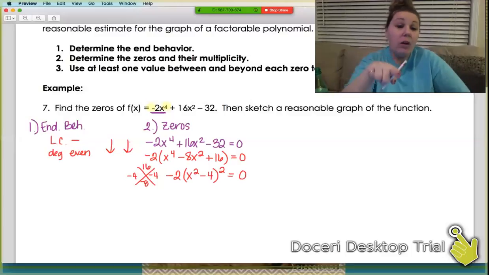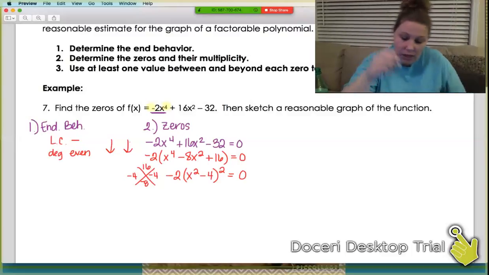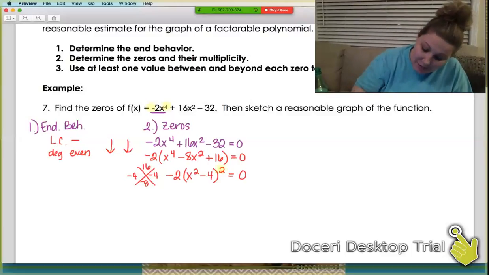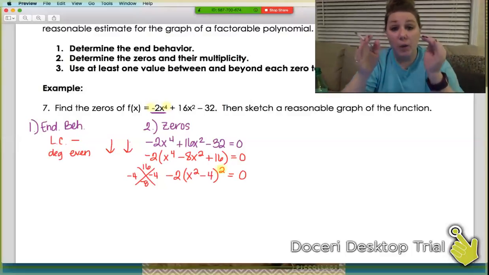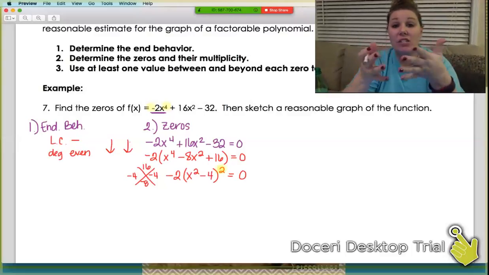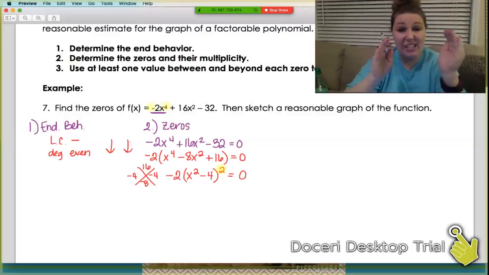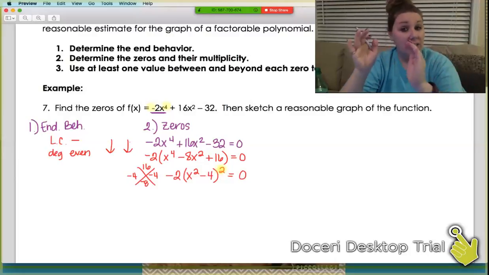And now x squared minus 4, that's a difference of squares. Now here's where this gets a little bit tricky. Since I'm squaring this, I have one factor that's squared. That means that any factors that come out of that are also going to be squared, because that x squared minus 4 actually happens twice, x squared minus 4 and x squared minus 4.